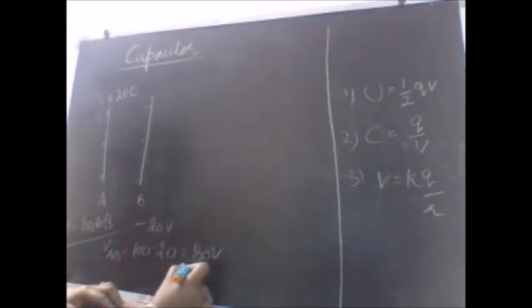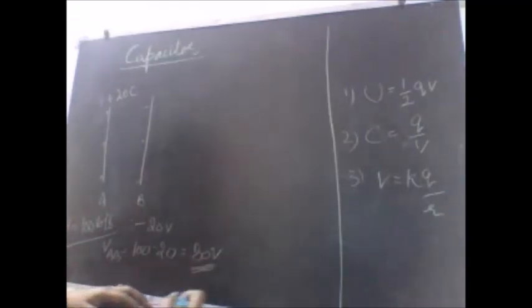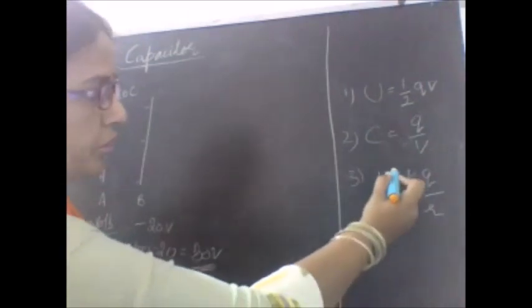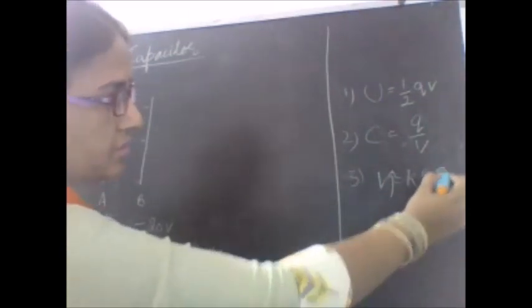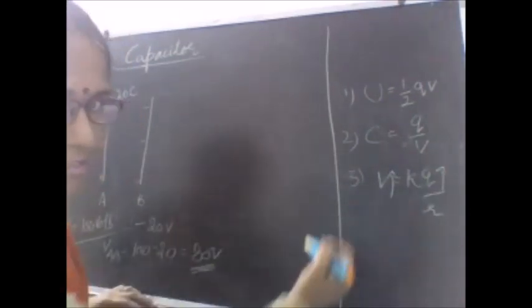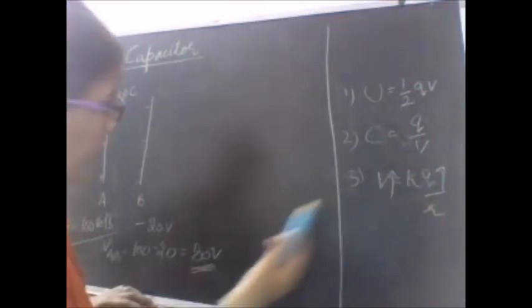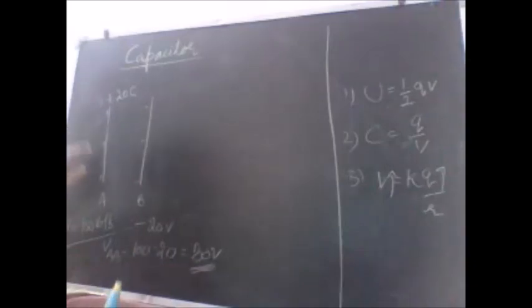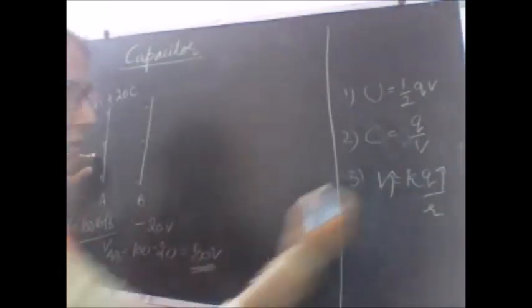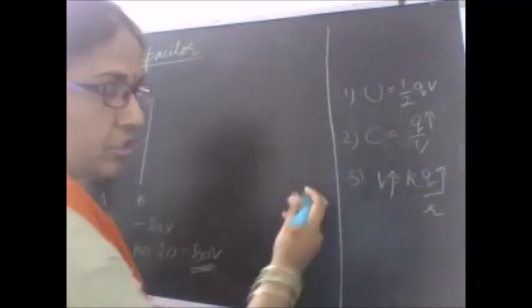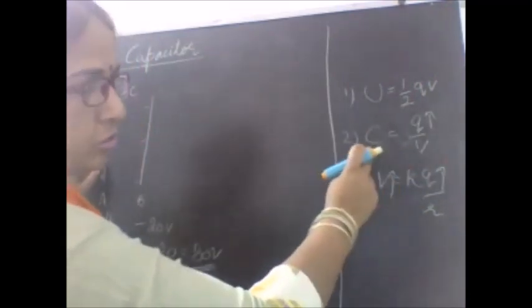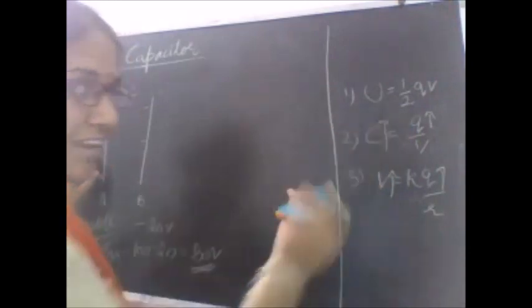To bring the voltage back to 100 volt, I must increase the charge, keeping all the other parameters the same. That means I can give more charge to plate A. If I increase the charge keeping the potential the same, the capacitance should further rise.